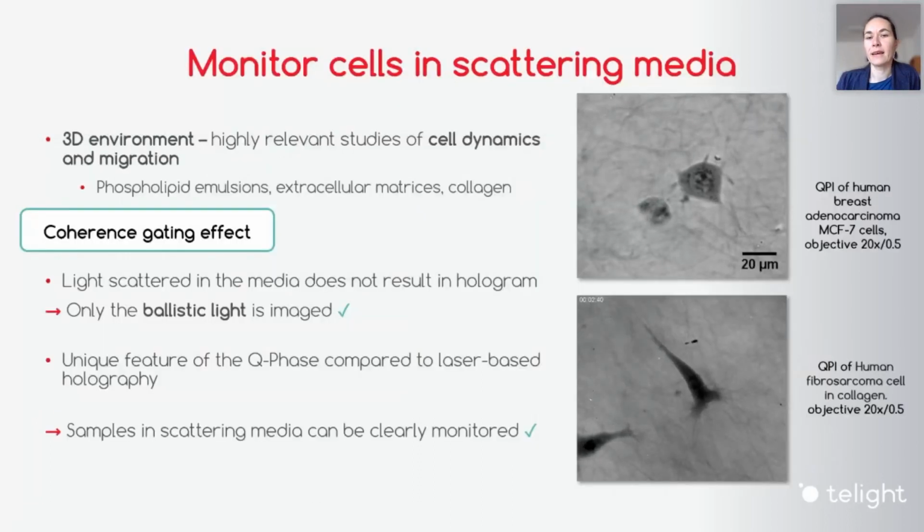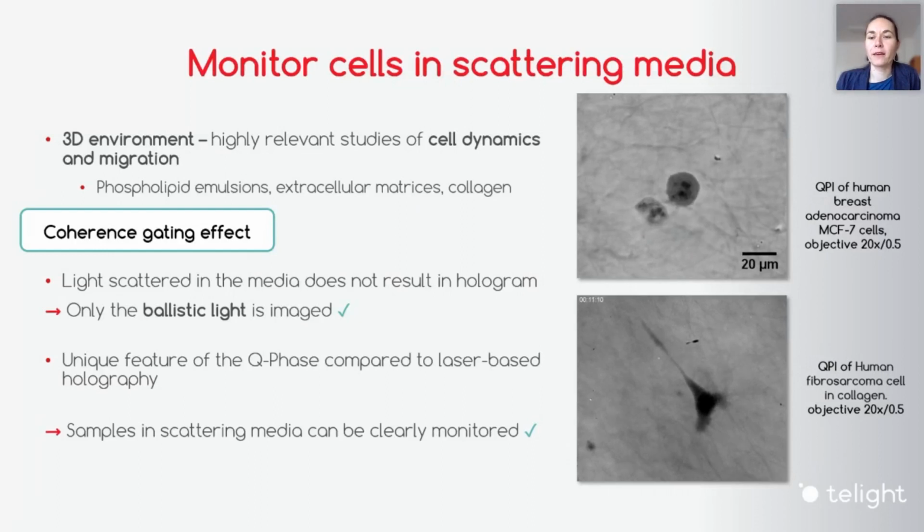And one special advantage with our microscope is that it uses incoherent light source, and that gives us the possibility to image cells and their movement also in the scattering media. Scattering media can be, for example, collagen scaffold or matrigel, something that is really diffusive and would be difficult to image with the laser-based quantitative phase imaging microscopes.